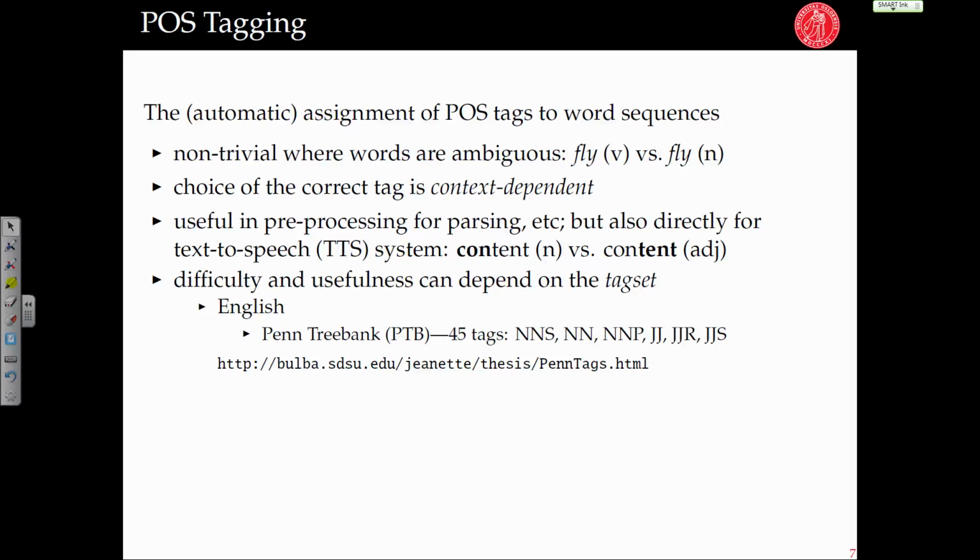And these tags include things like NN is a noun, NNS is a noun in the plural form, NNP is a proper noun, JJ is an adjective, JJR is the comparative form, JJS is the superlative form, and so on and so forth.